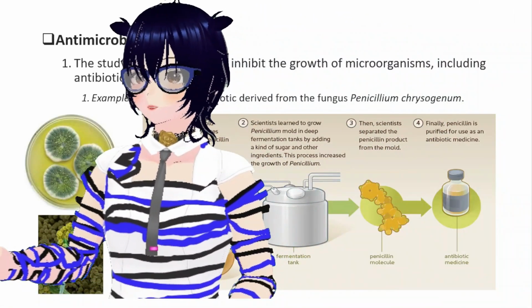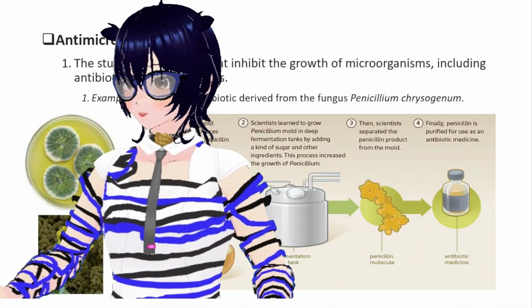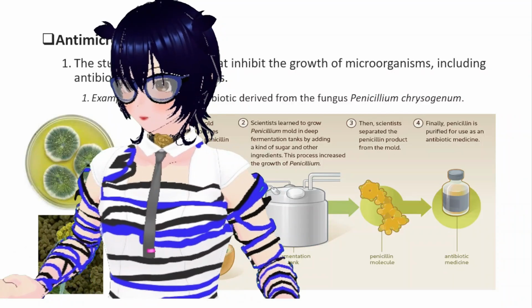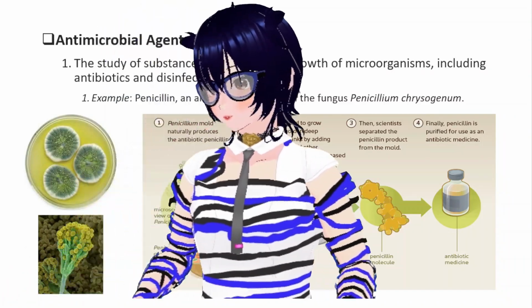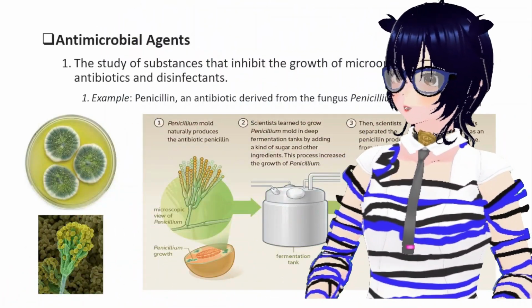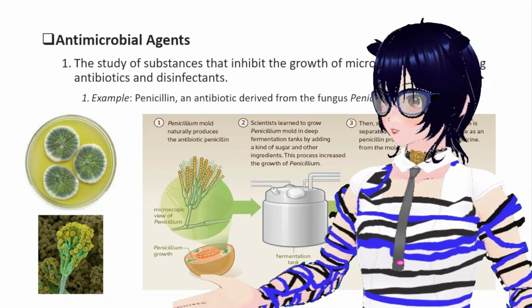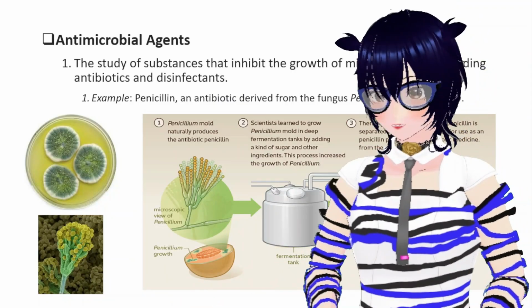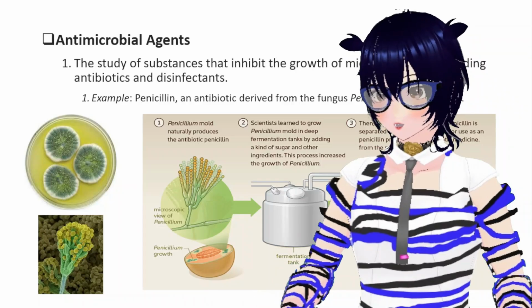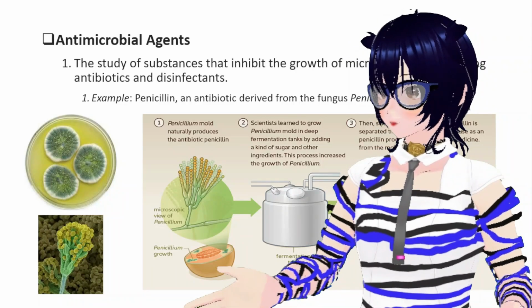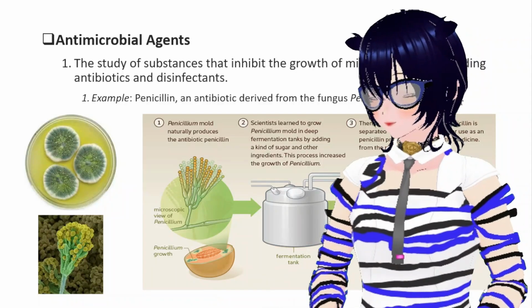And actually, there are different penicillium species that can produce this penicillin. And there are now multiple generations or multiple types of penicillin. And there are cephalosporin and tetracycline.